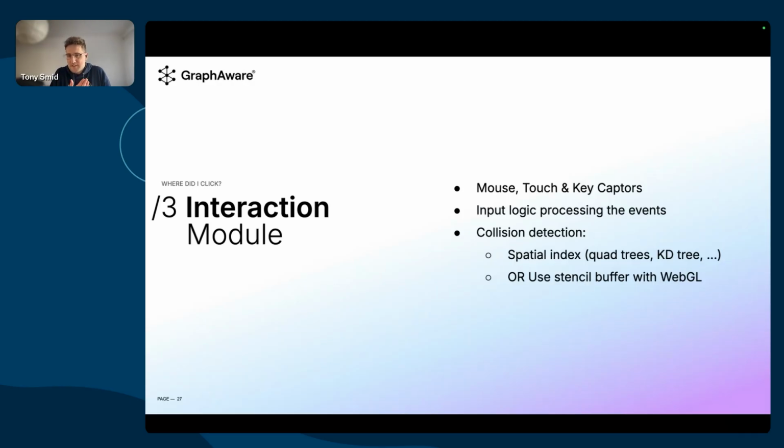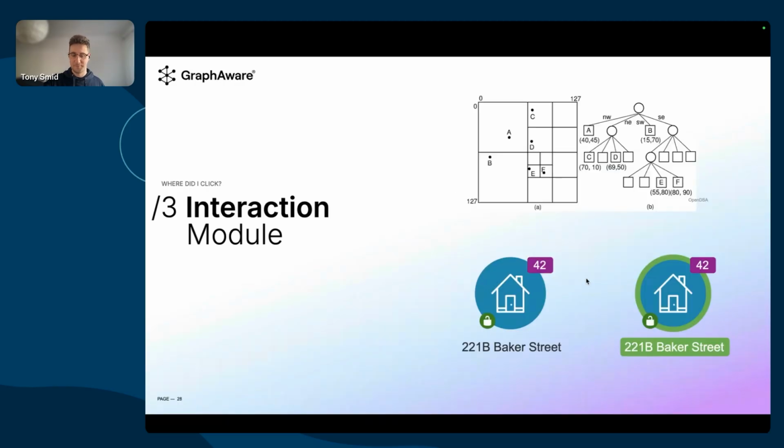You need some structure like a quad tree or KD tree to access those items in logarithmic time. And that way, for even slight hover or movement, you can detect the collisions very fast. If you decide to use just the WebGL rendering, you can use some GPU-based methods like drawing into a stencil buffer or something else. But yeah, the interactions and having some spatial index is going to be crucial.